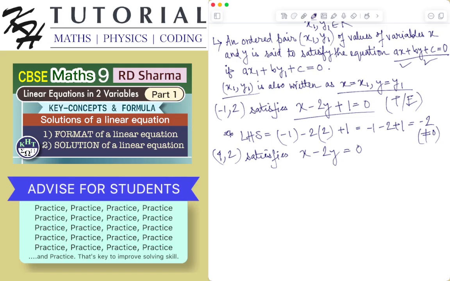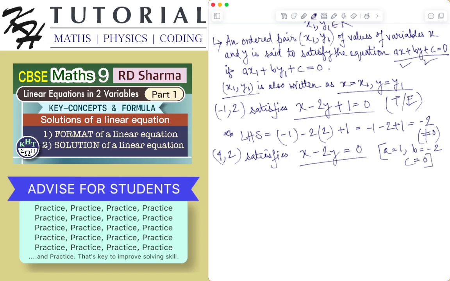Now, remember that in the standard form of the linear equation in two variables, ax plus by plus c equals 0, c can be 0, but a and b should not be 0. In this linear equation, c is 0, a is equal to 1, b is equal to minus 2, and c is equal to 0.